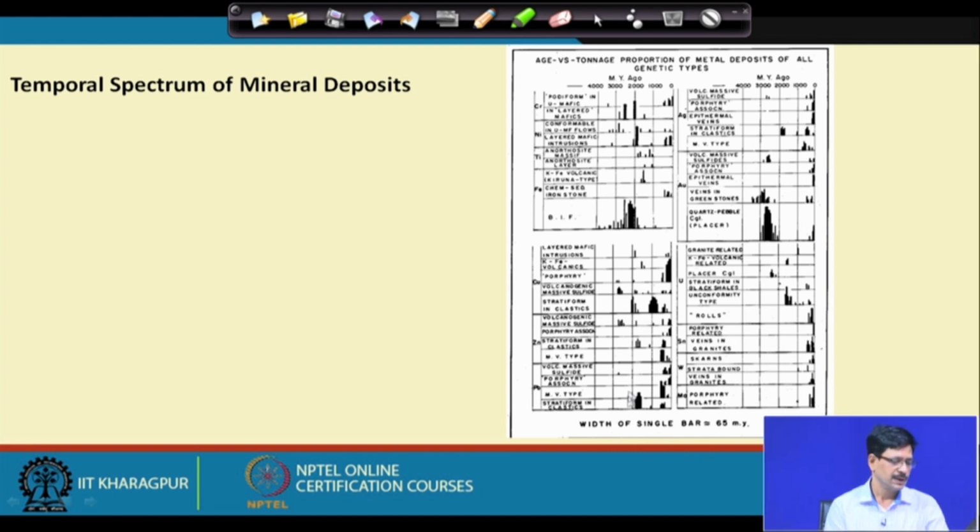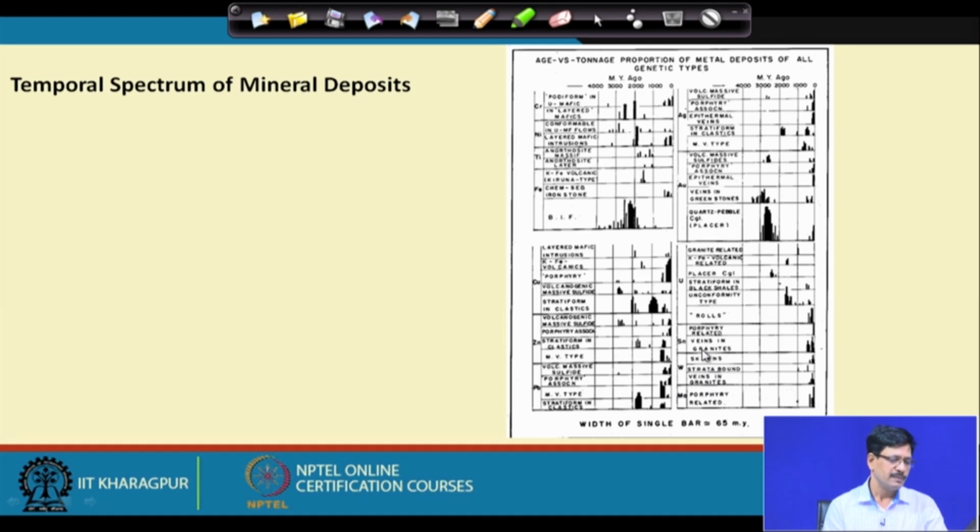Say, for example, a deposit of lead, whichever deposit type we could consider, just as copper forms different genetic types, so does lead, in volcanogenic massive sulfide, in sediments and so on. But you see that for lead, there are no deposits which are older than about 1800 million years.